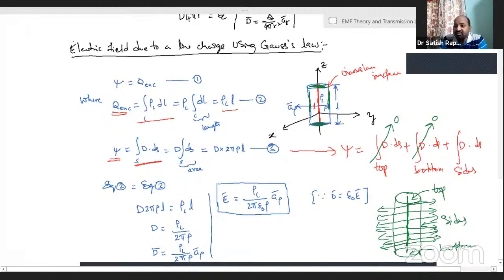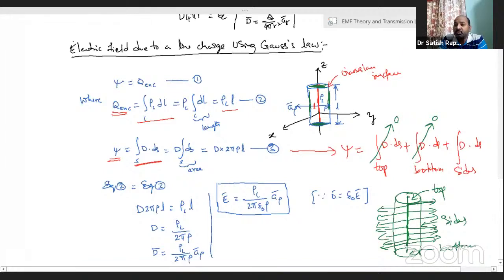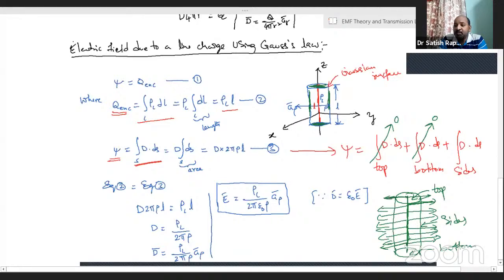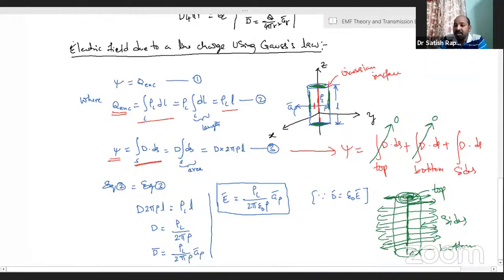These lines, the direction of the electric field lines, are parallel to the top surface. And similarly, these lines.